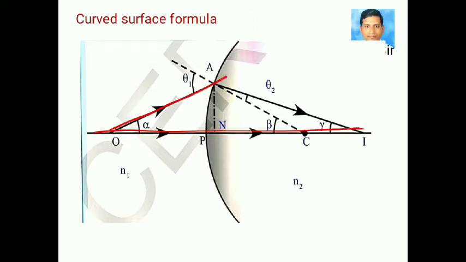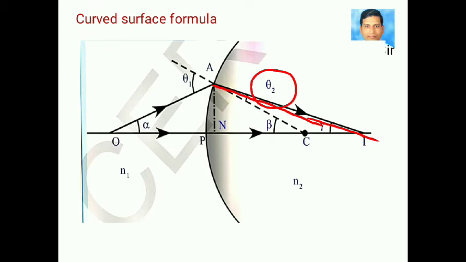The second ray, which forms an angle alpha with the principal axis, meets the interface at A. The angle of incidence is theta 1. The ray bends and passes through the second medium along the line AI. The angle of refraction is theta 2.